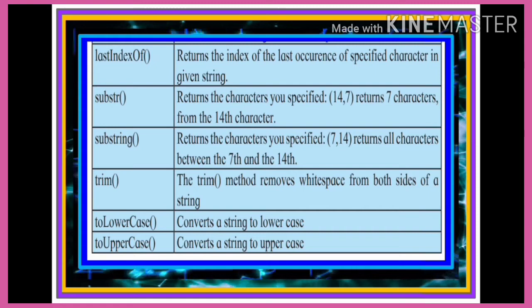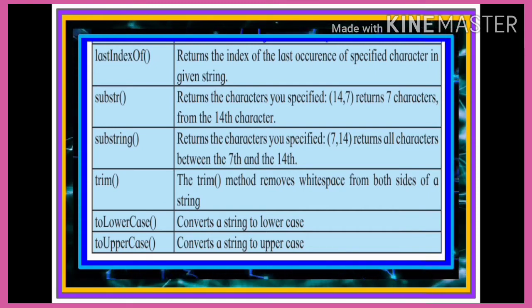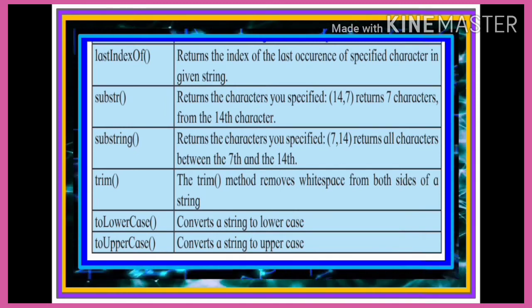Next method is substr. Substr method returns the characters you specified. In substr method you have to pass two arguments. If you pass 14,7, it returns 7 characters from the 14th character.